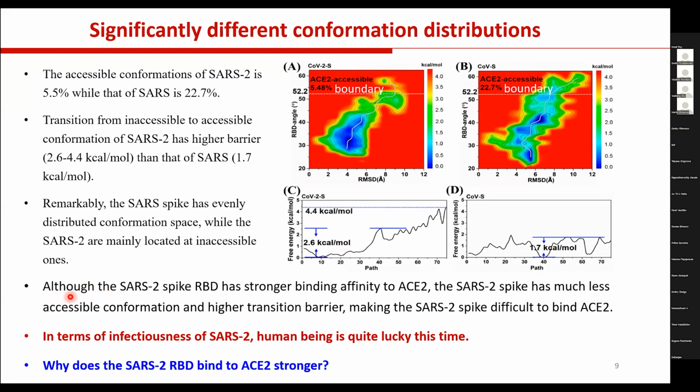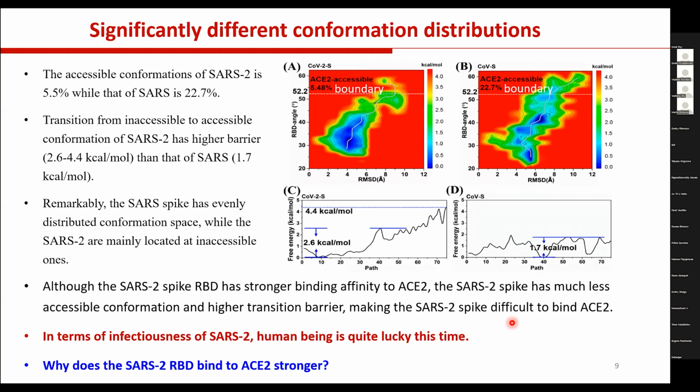So we can say that although the SARS-2 spike RBD domain has stronger binding affinity to ACE2, the full-length spike protein of SARS-2 has much less accessible conformation and a higher transition free energy barrier from inaccessible to accessible, making the SARS-2 spike difficult to bind ACE2.